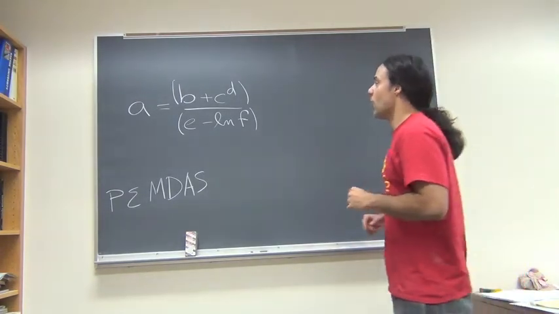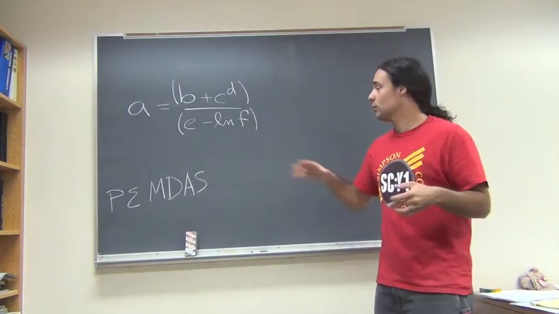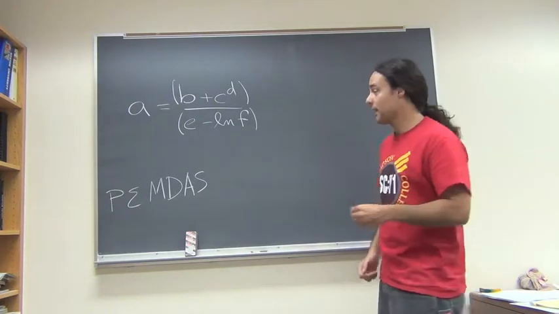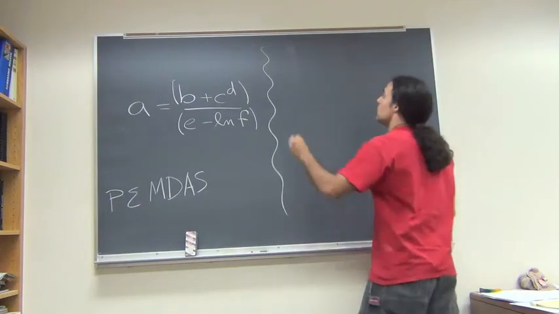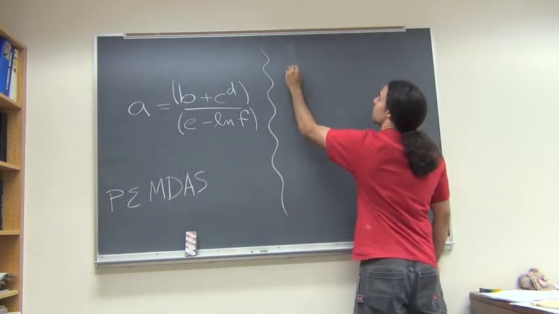So let's see if we can solve for this B. The first thing I want to do is move anything with parentheses over to the other side, paying attention to my order of operations. I'm not going to write this out every time. I'll do it the first time so you guys can see it.